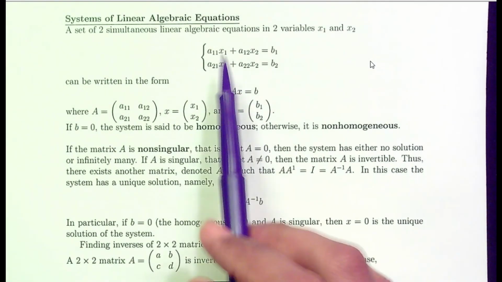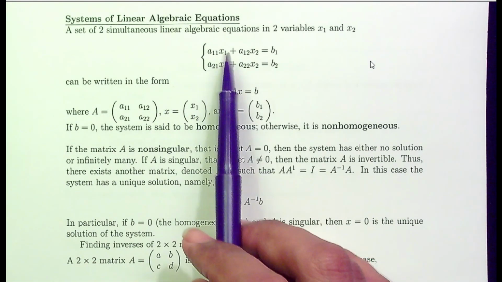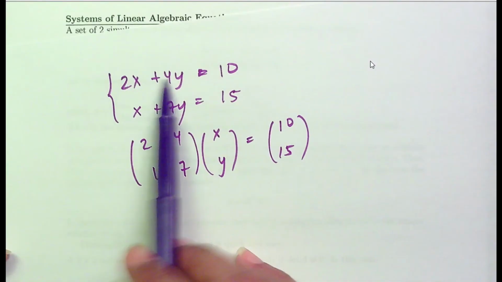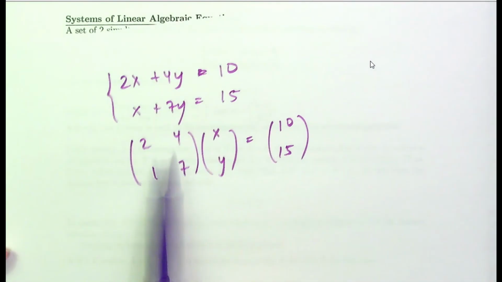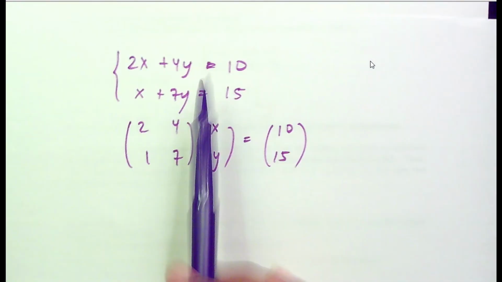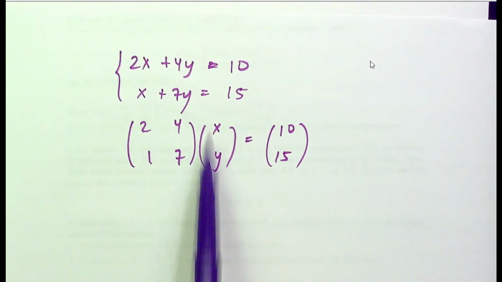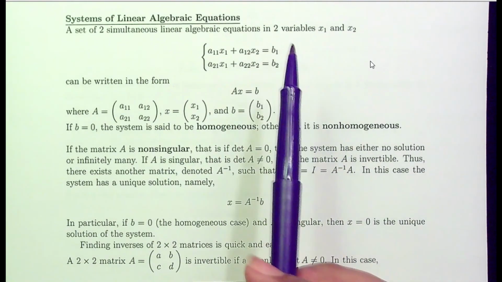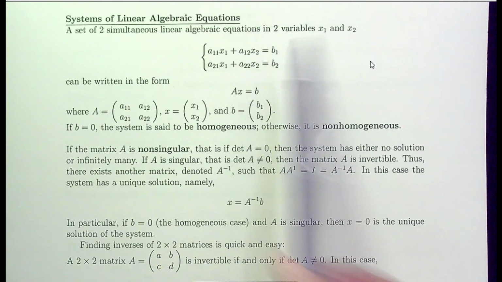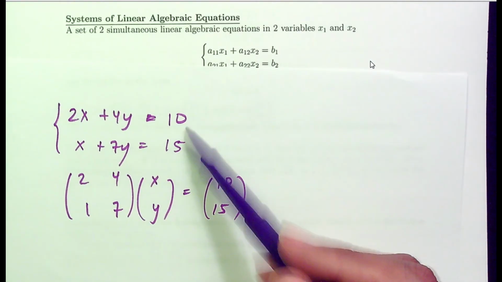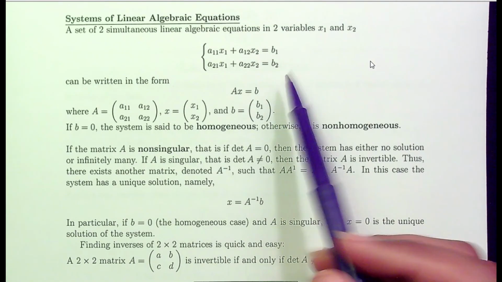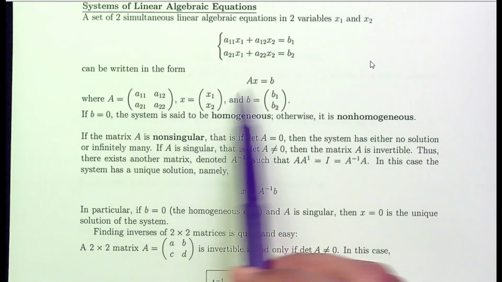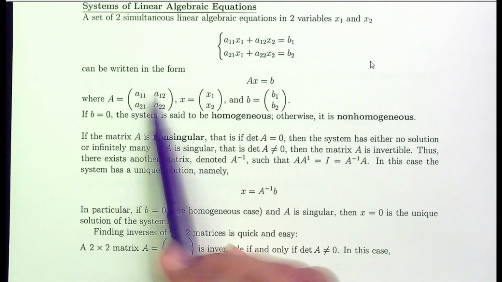In particular, if you have a system of linear equations like this, by just picking up the coefficients you can write them as your matrix A, and picking up the variables, that could be your vector x, and these numbers right here you can denote by the vector b, so b1 and b2. So you can write the system as Ax equals b, where A is called the coefficient matrix.